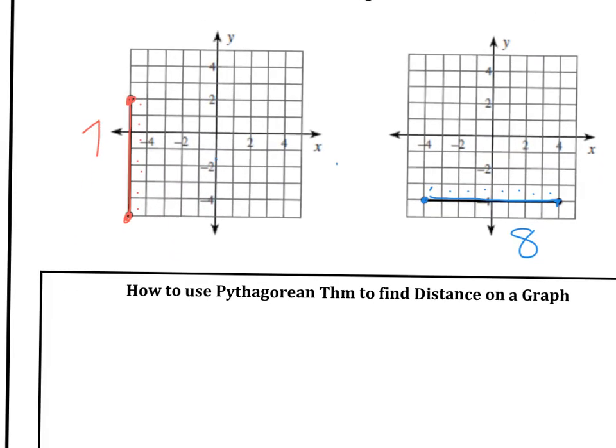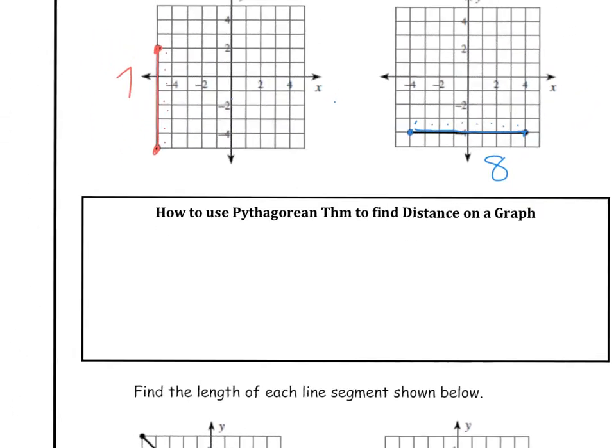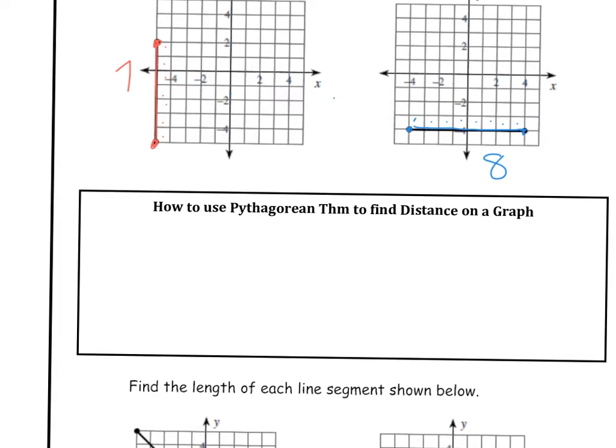Continuing on, we're going to fill in our 3 steps on how to use the Pythagorean theorem to find distance on a graph.